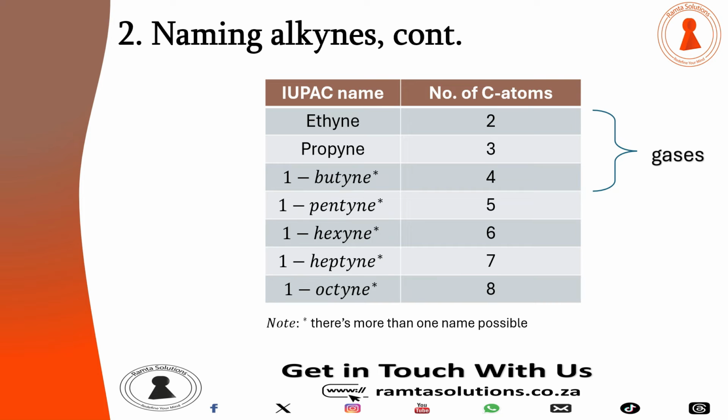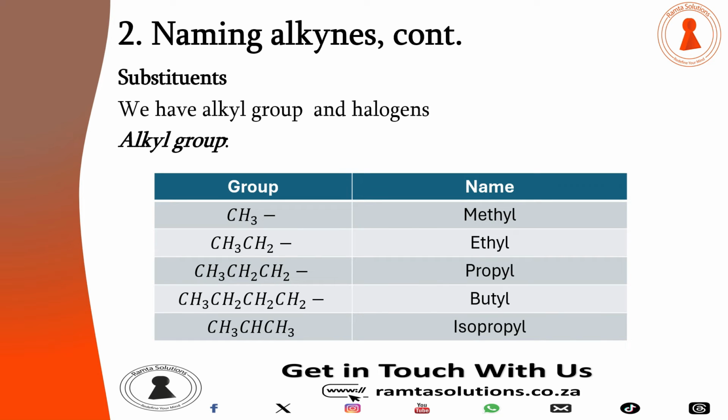Now, before we go to our examples, let's look at substituents. We've been emphasizing this in almost all videos, that we have these alkyl substituents: methyl, ethyl, propyl, butyl, isopropyl. Now, the difference between propyl and isopropyl is this.